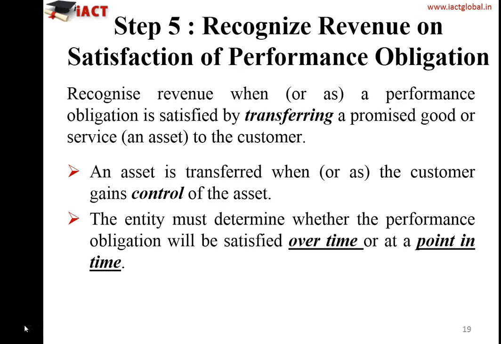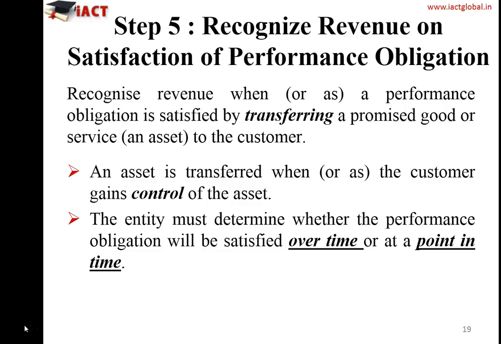Recognize revenue on the satisfaction of a performance obligation. This says when to recognize the revenue. We recognize the revenue when the satisfaction of all the performance obligations initially committed by the entity is done and the customer gets control.